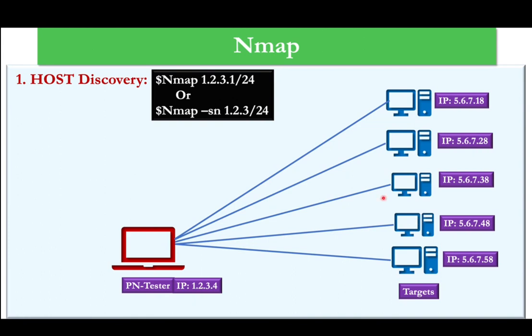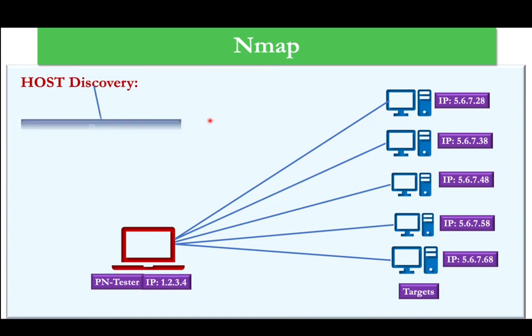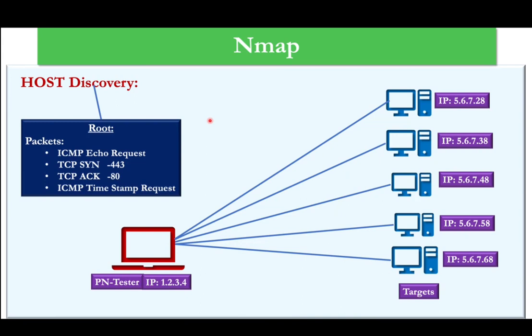Or you can scan only those targets by giving the switch -sn. Suppose this host discovery can be done in two ways. Nmap can run in an administrative privileged mode or in a local privileged mode.